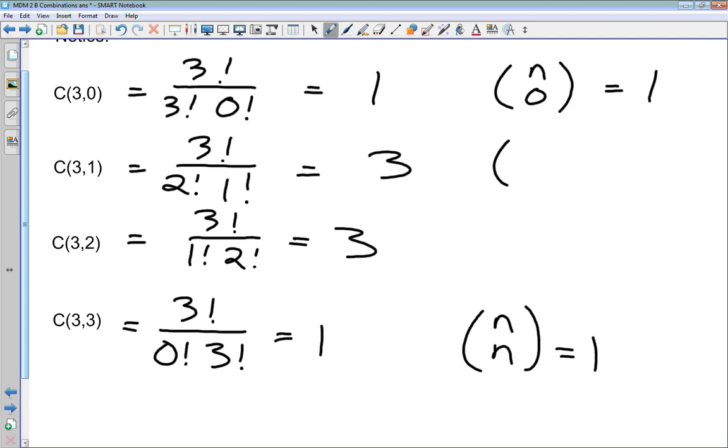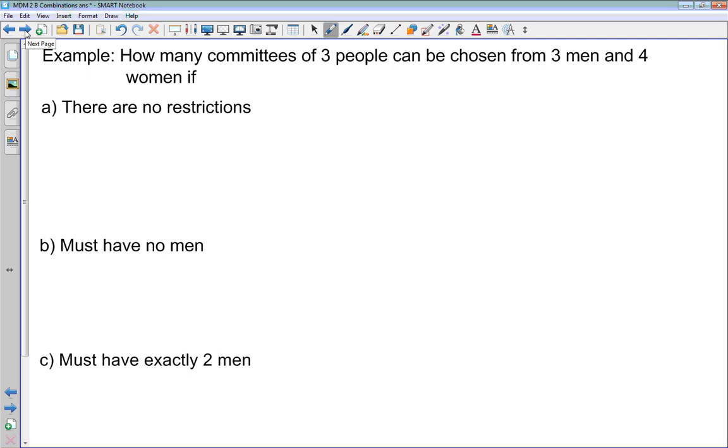And then the other relationship is, if you've got n things in your set and you want to pick one of them, the answer is always just going to be n. So these are ones that you'll come across a lot while you're evaluating these combinations. It's not like you have to memorize them, but you will get to know them after you've done a few problems here. Speaking of problems, let's try a typical combination problem here.